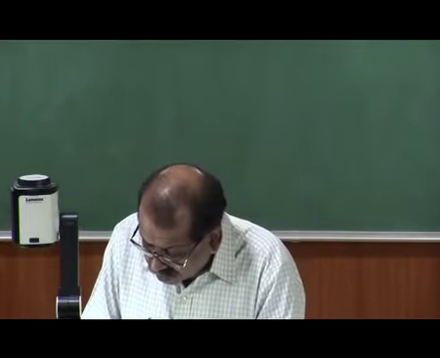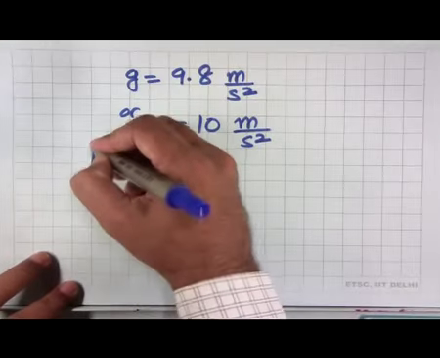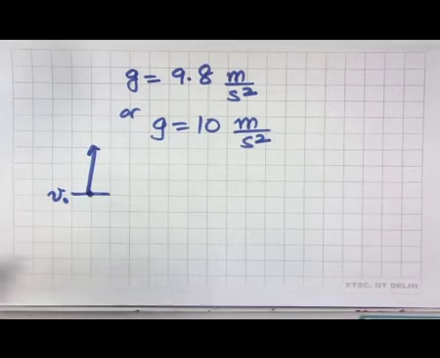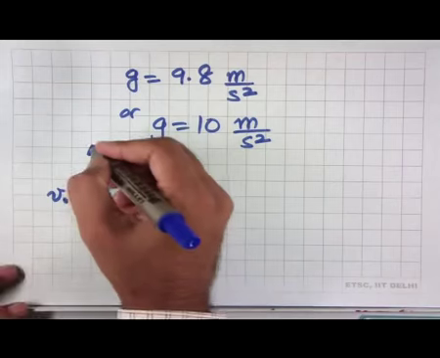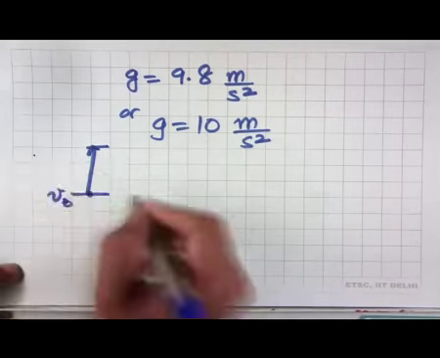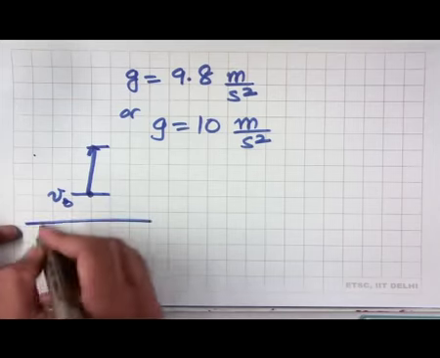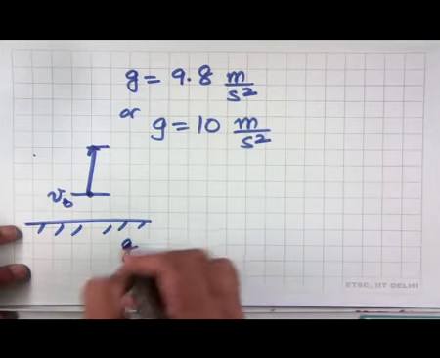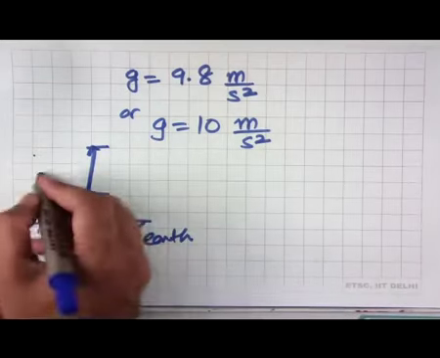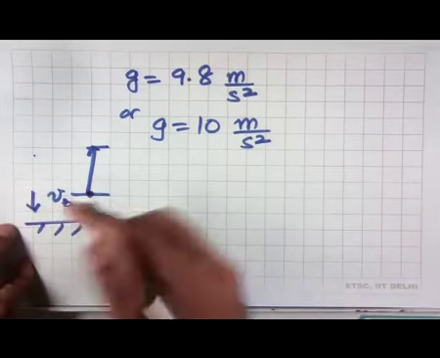Let us say we talk of a ball which is thrown up, so we throw it with some velocity, and the ball goes up. Let us say from a window we are throwing, and this is the surface of earth. Because the acceleration of this ball will be from the ball towards the earth, that means it is in the downward direction.